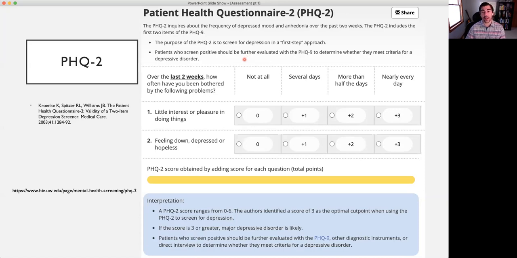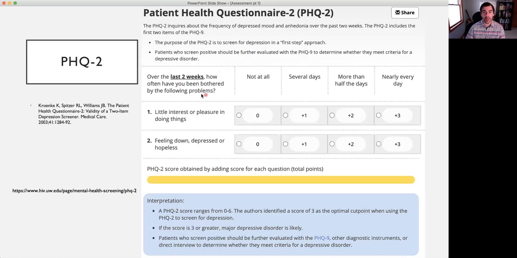It asks about the frequency of depressed mood and anhedonia over the past 2 weeks. Anhedonia is the idea that a person has maybe lost pleasure or interest in doing things they usually like to do. So if your passion is playing the piano, or that's one of your favorite hobbies, and that's not something you've been doing the past 2 weeks, that would potentially indicate risk for depression.